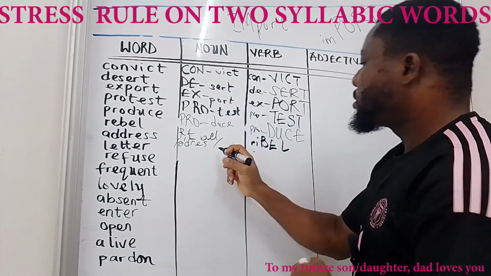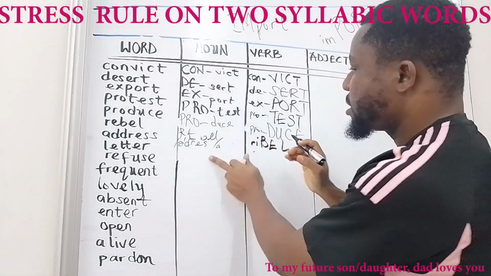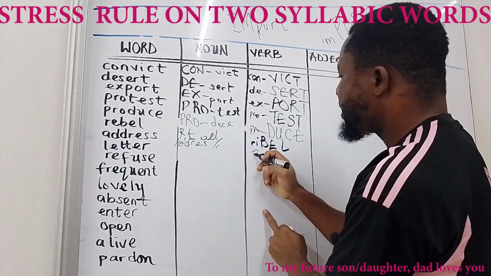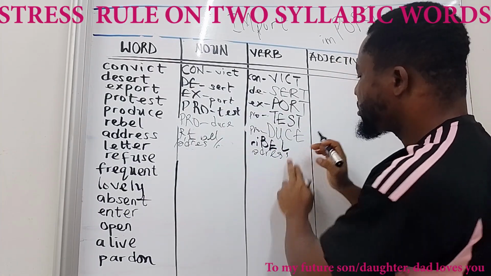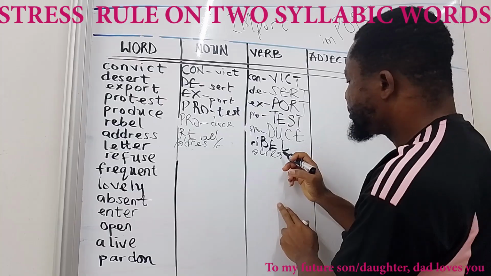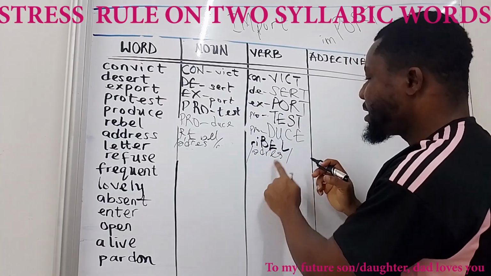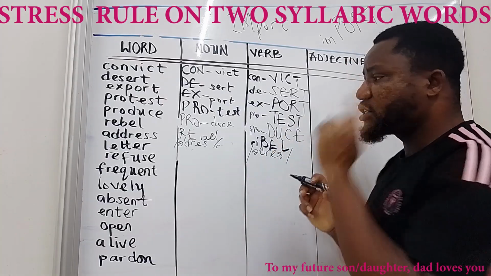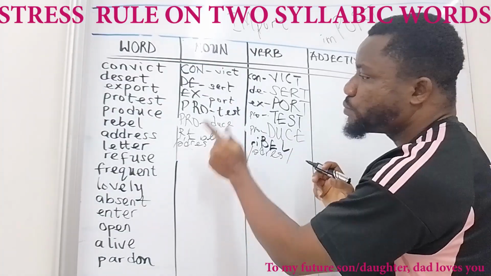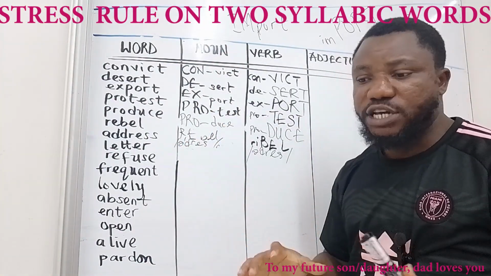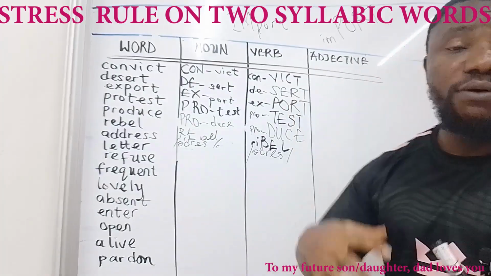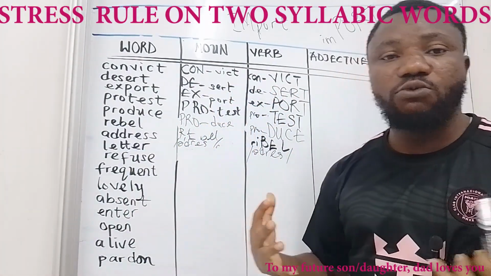So did you see that? The stress is still here for British English. So this rule doesn't apply with the word address. In British English, the noun and the verb are pronounced the same way.